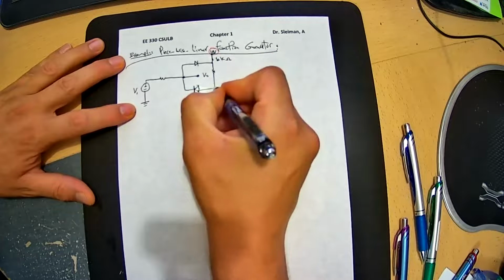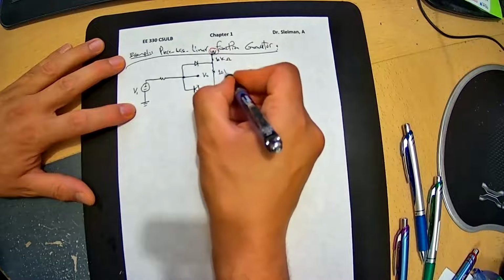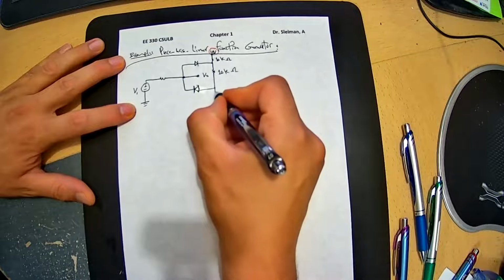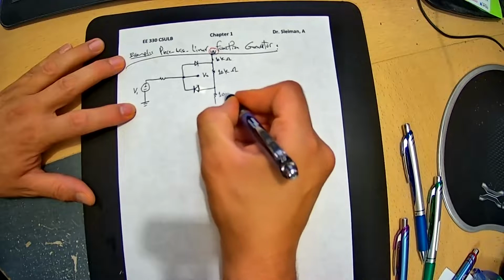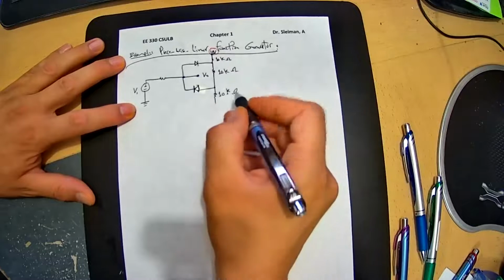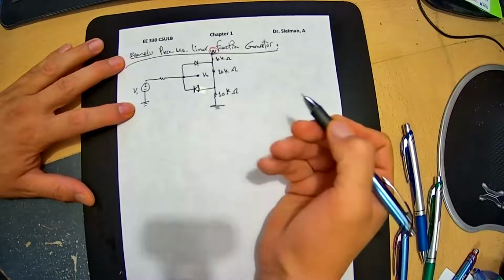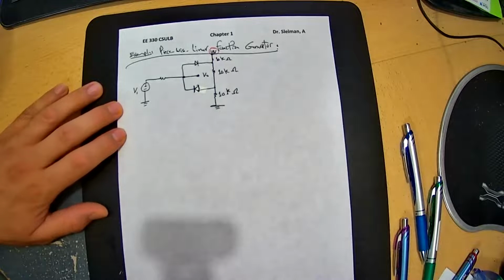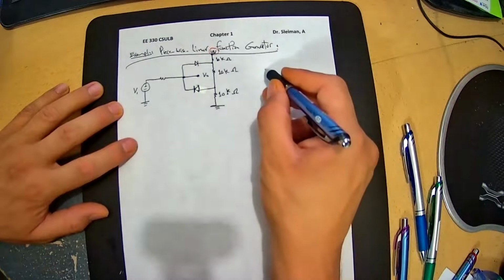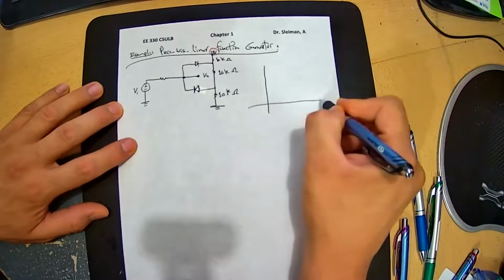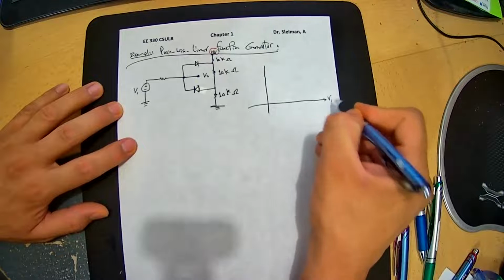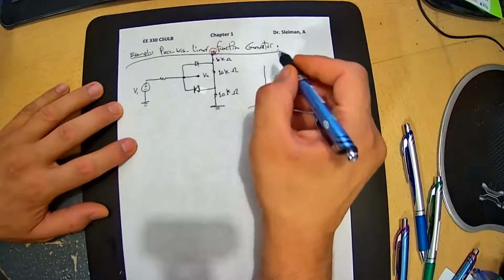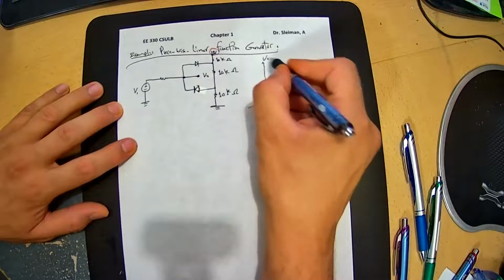Another resistor, 10K. And a 10K going through the ground. So the input and output voltage signal. This is the V input and output voltage.